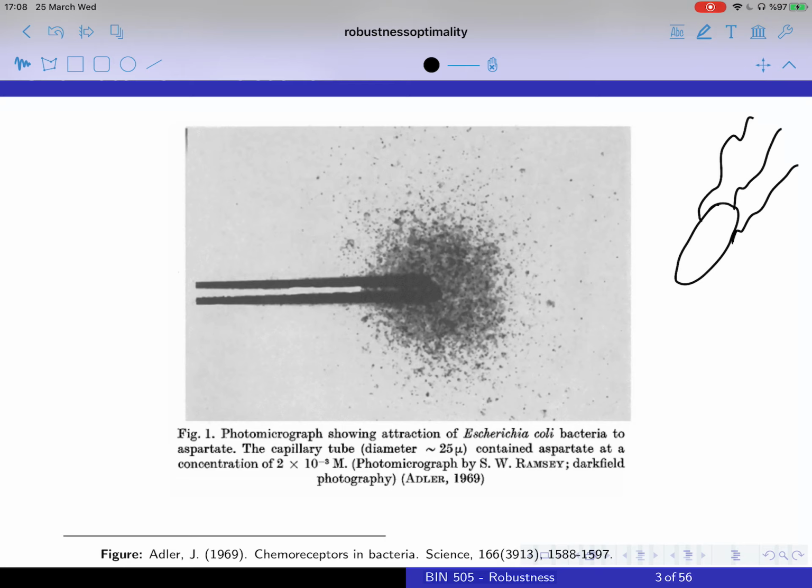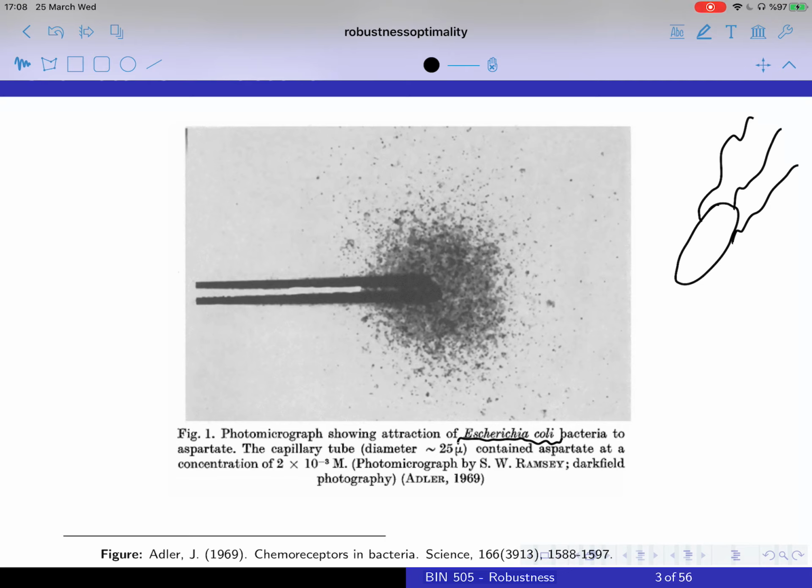The good thing about that is, for example, you can do this as an experiment. You take a bunch of bacteria, E. coli in this example, and you take a pipette and drip an amount of some attractant, something they like, such as sugar or aspartate. They'll actually start swimming towards where the pipette just inserted the new thing.